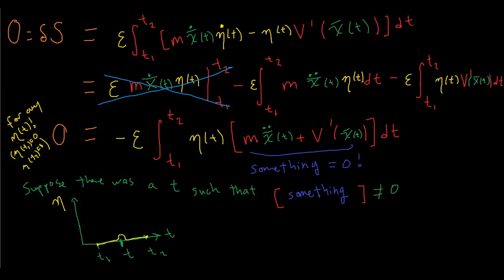We could just make eta of t a little bump that would catch it right when it wasn't 0. So then this integral wouldn't be equal to 0. Having said that, we know the integral is 0. Therefore, this something does have to equal 0.